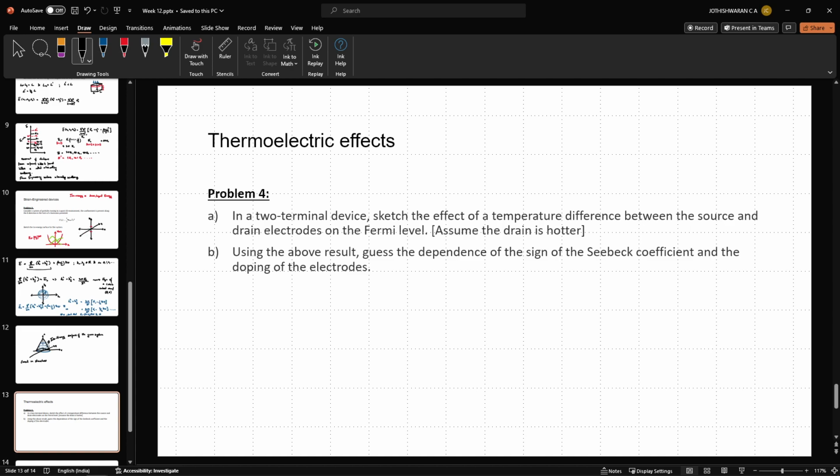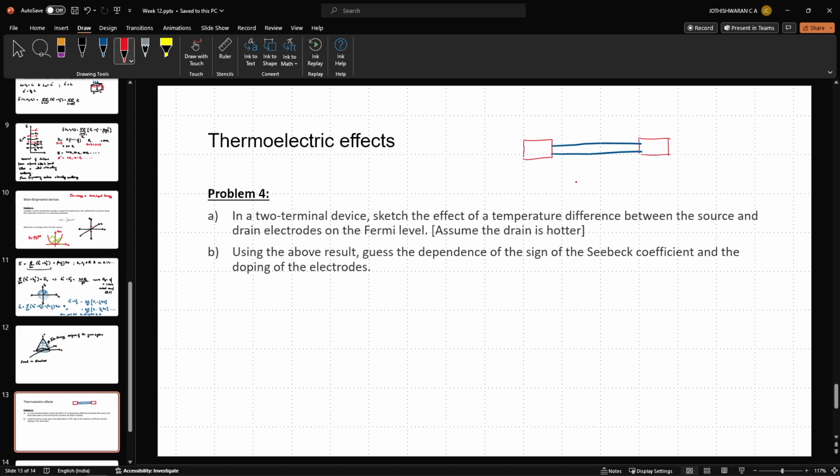So, in this problem, what we are considering is our good old friend, the two-terminal device. So, we have a source electrode, a drain electrode, and we have the channel that connects the two. So this is our device for consideration.